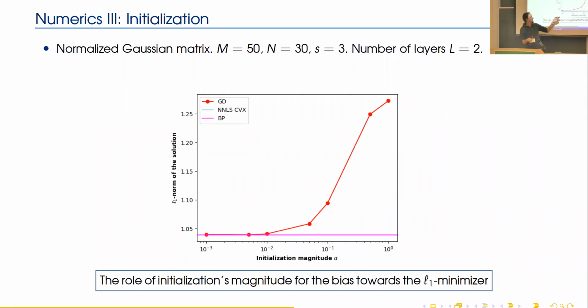The 2 lines here in this example are together, but if the magnitude of the initialization is not so small, you cannot reach this L1 norm. Of course, you can argue that maybe it will take longer, or you need to change the step size. So as I said, this picture is very misleading. There are things behind it, but still, I think it's worth showing.